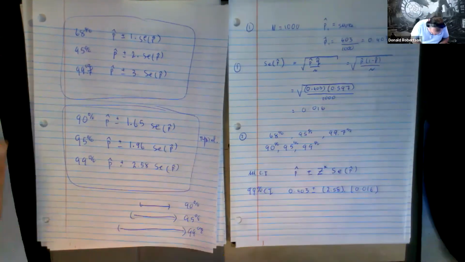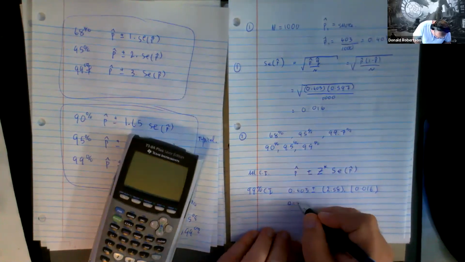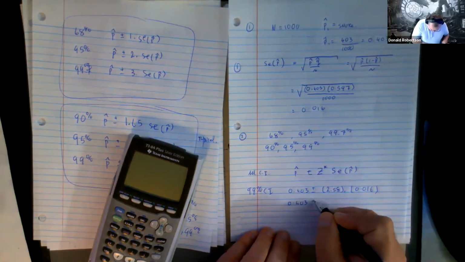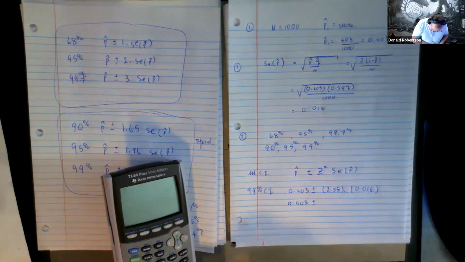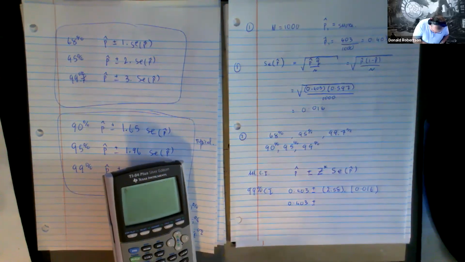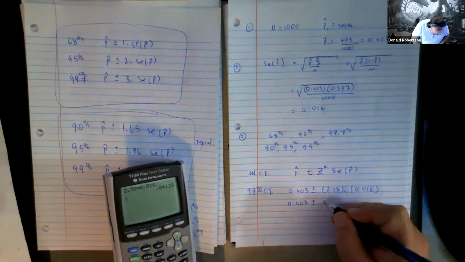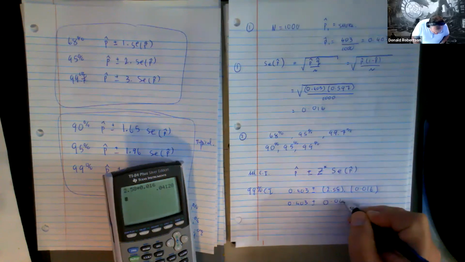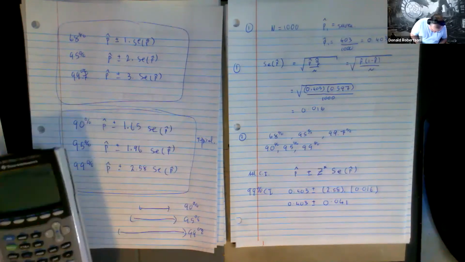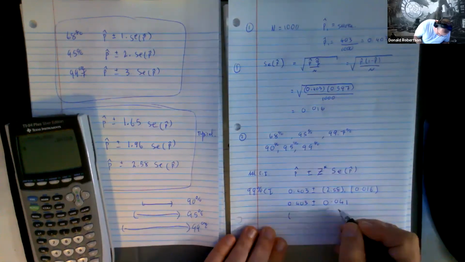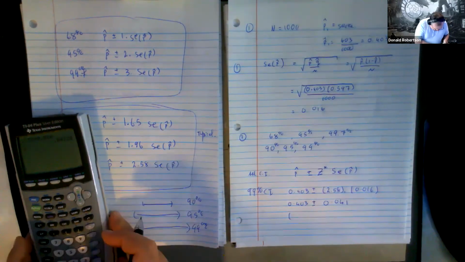So I have 0.403, give or take, 2.58 times 0.016, and I get 0.04121. I'm doing it in 3 decimal places still. If you take that away and add it on, we should get the range.